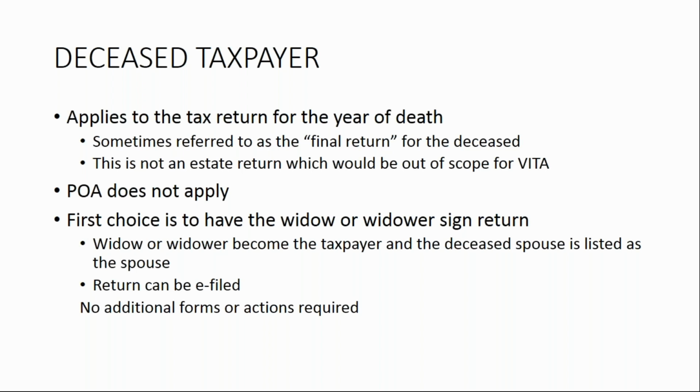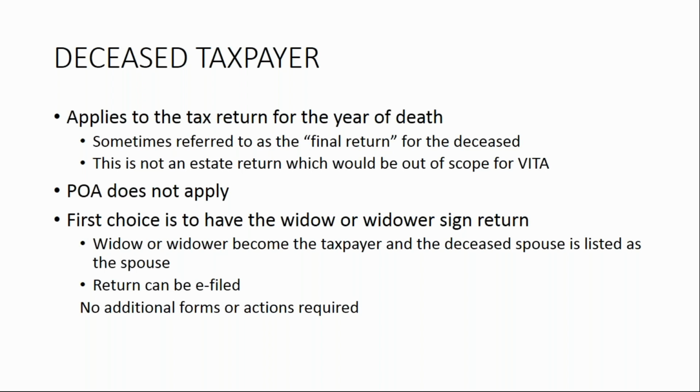If you're doing a property tax or rent rebate and you don't flip the two around, then you're going to be doing a property tax rent rebate for a deceased taxpayer, whereas if you flip them, then you're doing it for the widow who is now the taxpayer, and it's a first time filing, but it's not a deceased taxpayer.